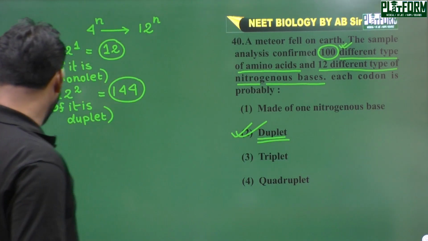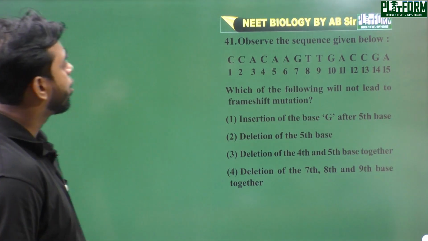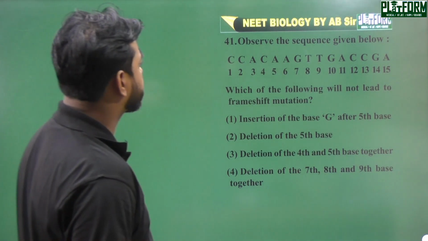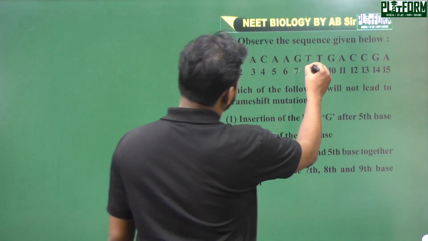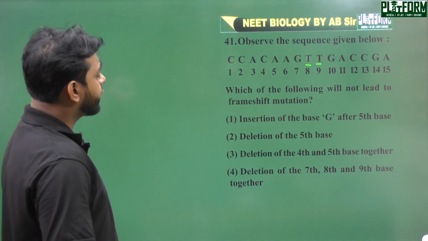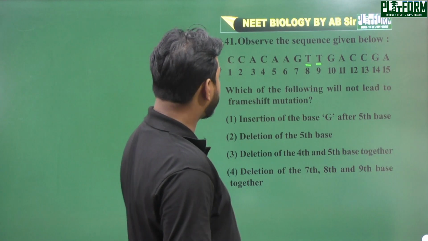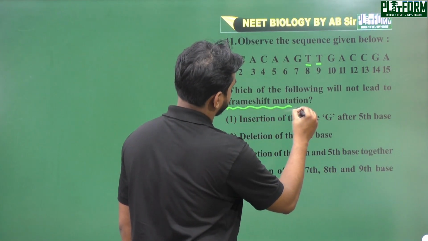Okay, move to our next question. Observe the sequence given below. This is a sequence. The T is there. That means it is a DNA sequence. Okay. Now, which of the following will not lead to the frame shift mutation?